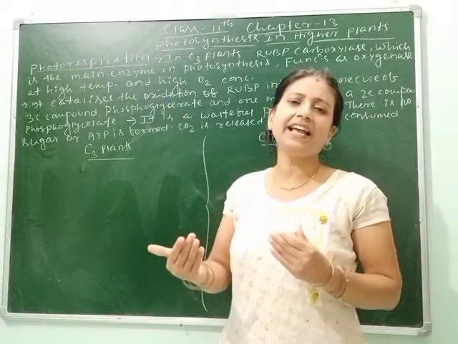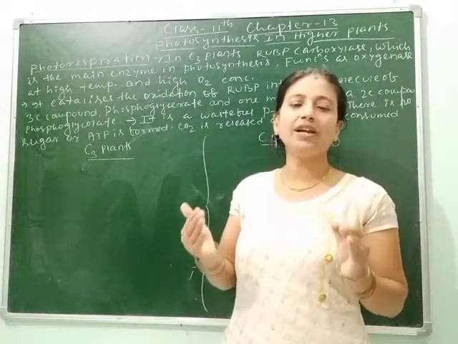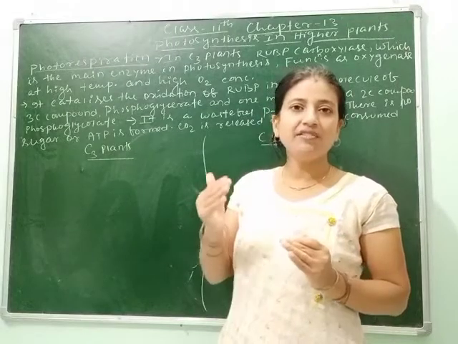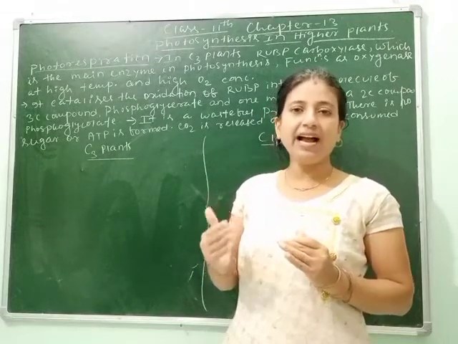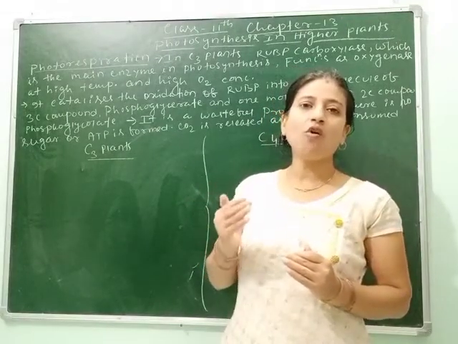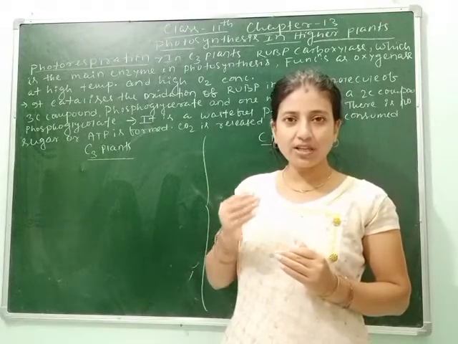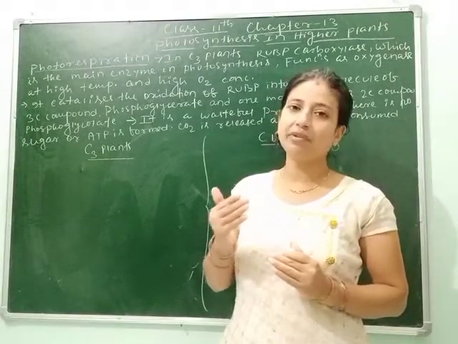So in the C3 cycle, PGA, phosphoglyceric acid, is the first stable product, and in the C4 pathway, OAA, oxaloacetic acid, is the first stable product.